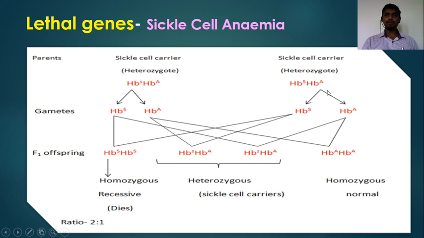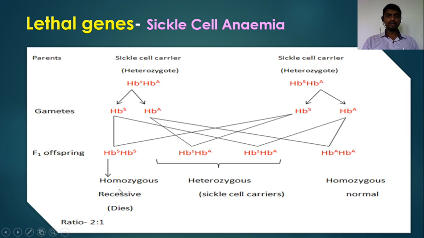When these two parents are mated, the gametes produced are HbS, S for sickle cell, and HbA, normal. When they are fused, we get the F1 offspring: HbS HbS, HbS HbA, HbS HbA, and HbA HbA. Of these four individuals, the HbS HbS is homozygous recessive and it dies.